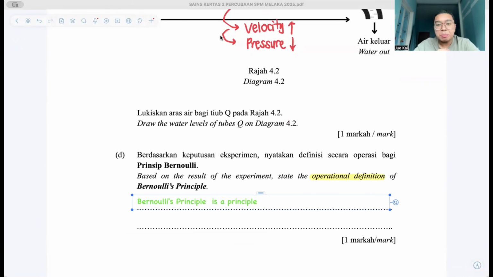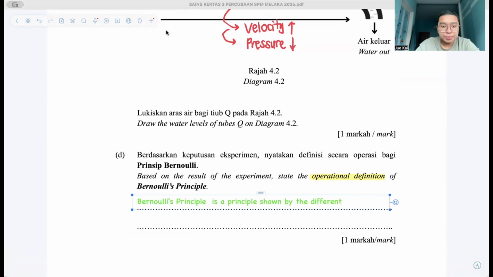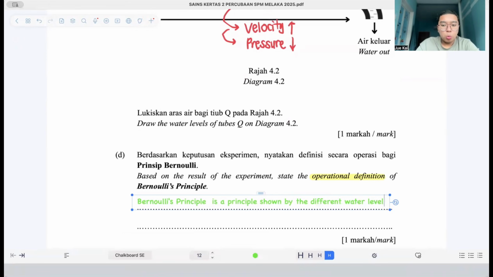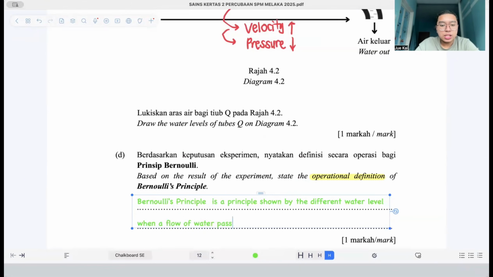So Bernoulli's principle is a principle shown by the different water level when a flow of water passes through a venturi tube.